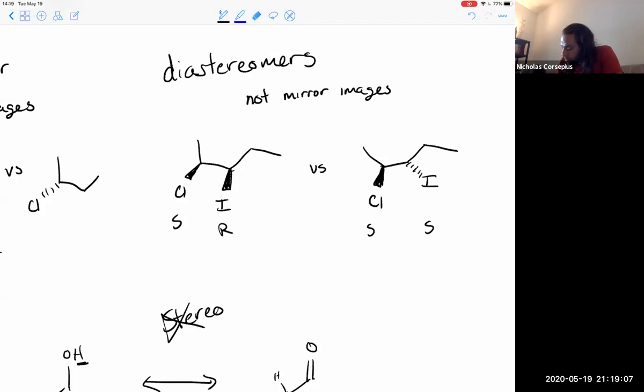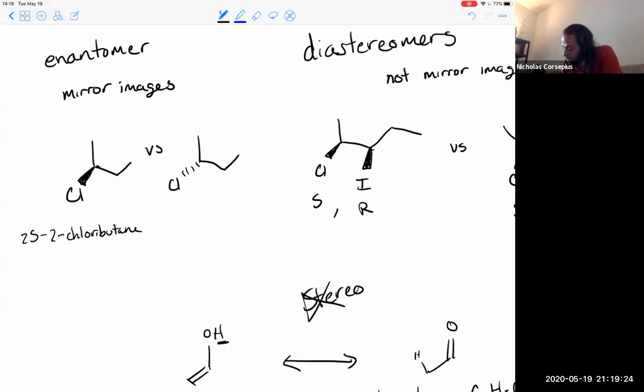If I had flipped both of these bonds, made them both wedges, now they're mirror images. These are enantiomers. If I only flip one, that's what makes it a diastereomer. So this is SR versus SS.